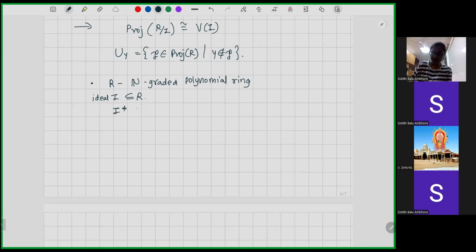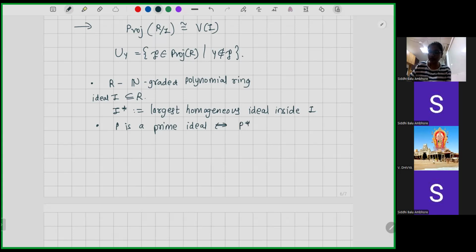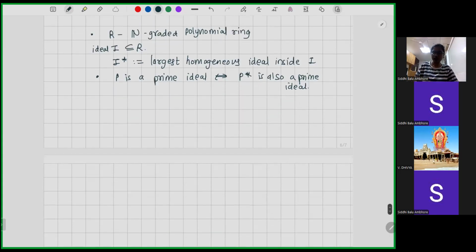It is the largest homogeneous ideal inside I. And also, second thing, if P is a prime ideal, then P star is also a prime ideal. So P is a prime if and only if P star is a prime.